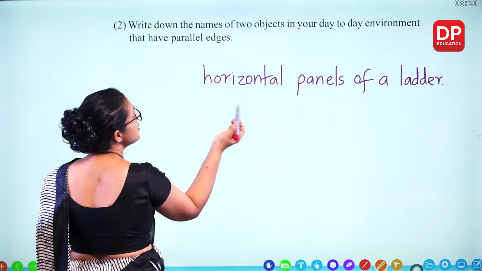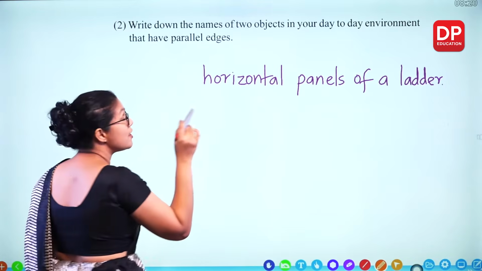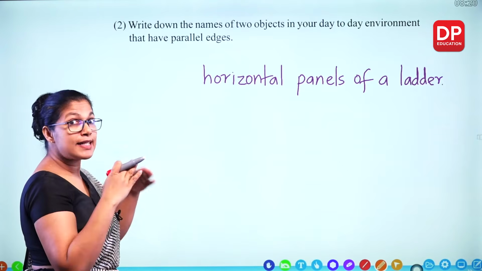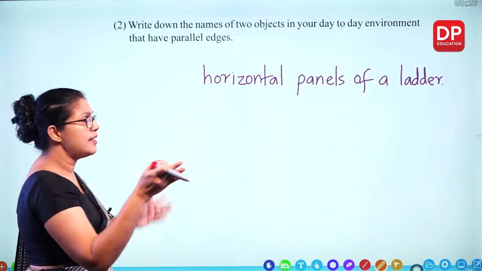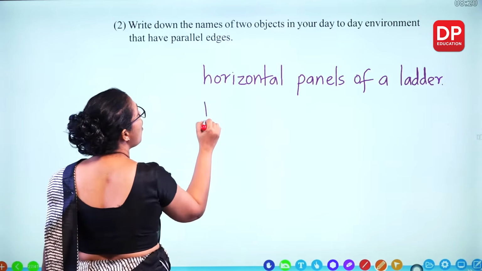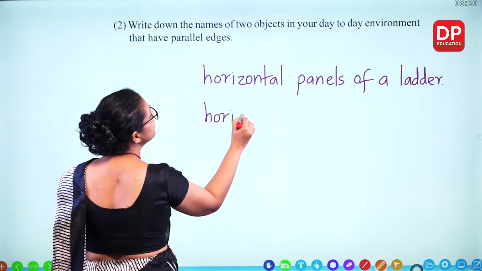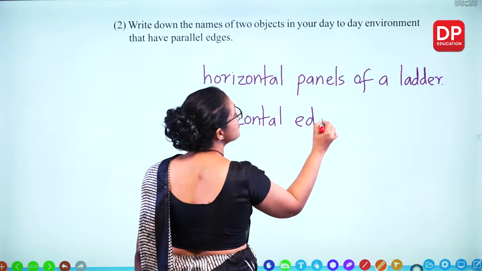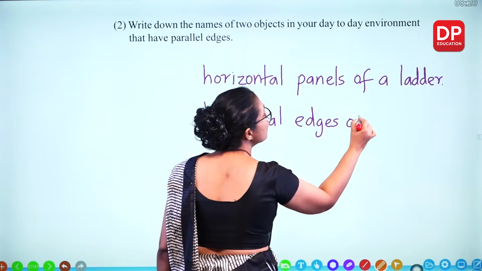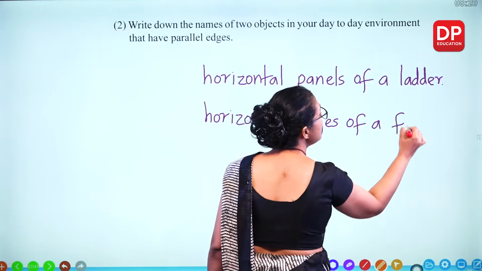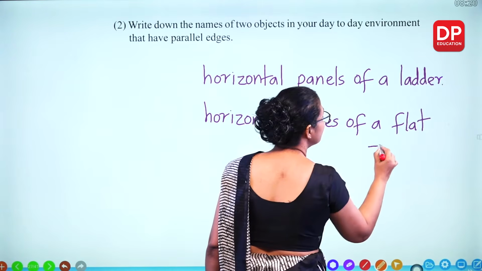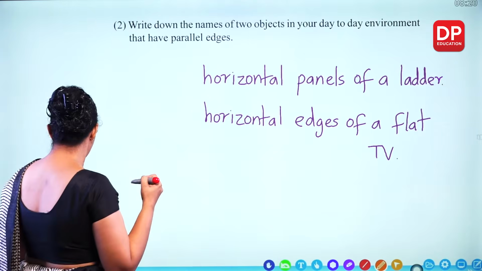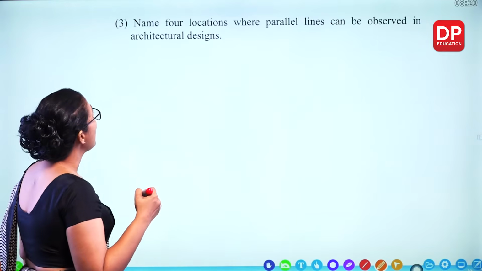Give me. TV, the horizontal edges of a TV, flat TV. When you take a flat TV, not a curved one, so you can say horizontal edges of a flat TV. So two objects. You can write whatever you like.